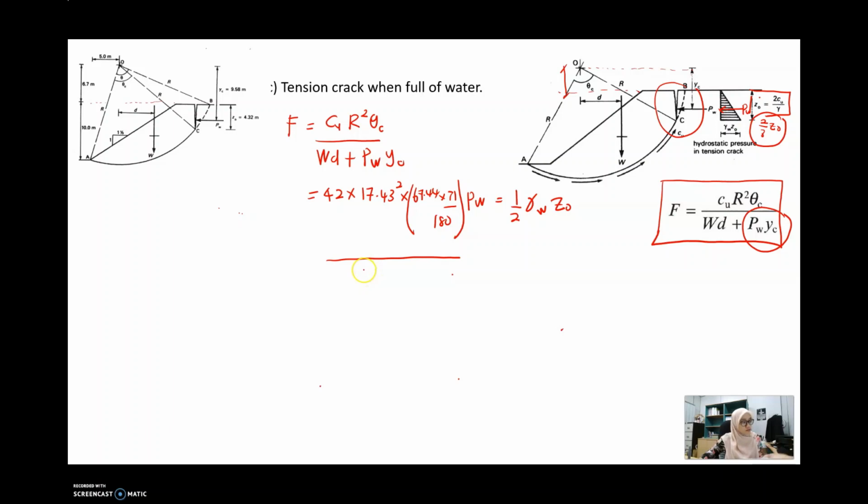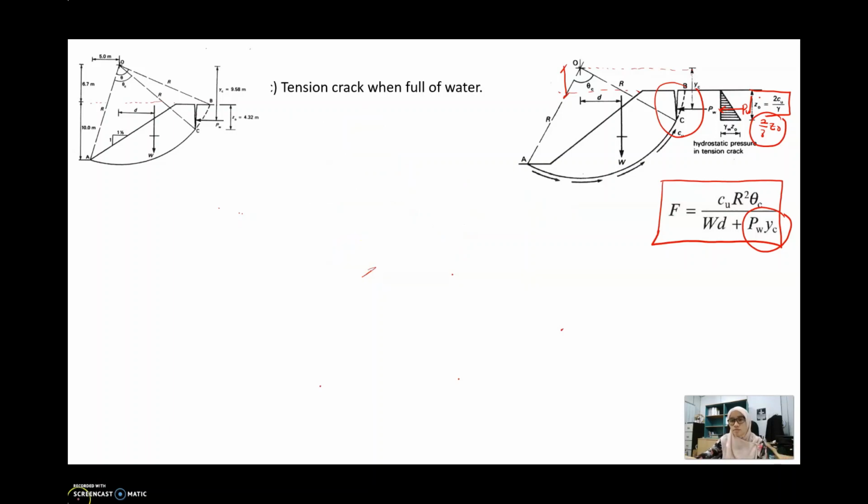Let me check first. The WD, 939. No, this one. Equal to 2 times Cu divided by gamma.